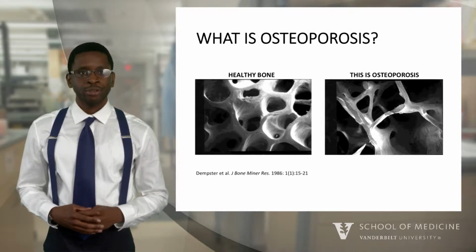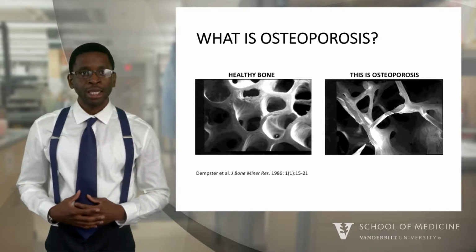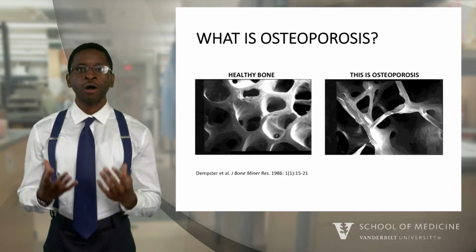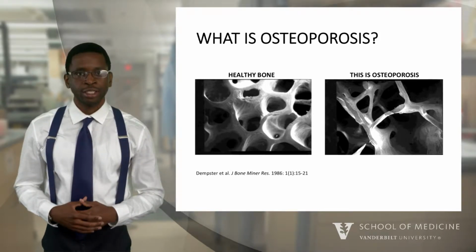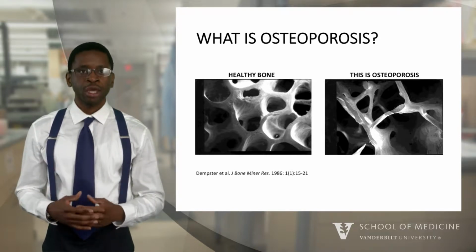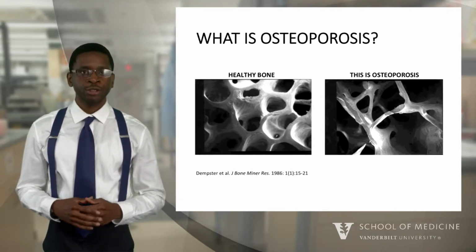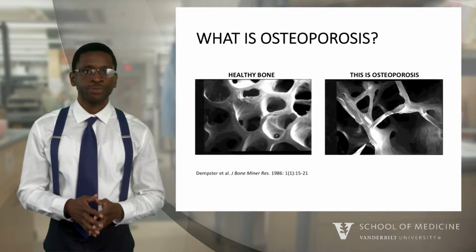This imbalance happens with menopause and also as we all age. And it is this imbalance that can lead to osteoporosis, as is seen in the picture next to normal bone.